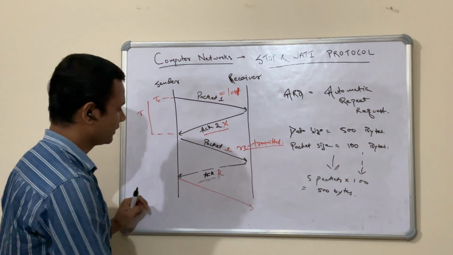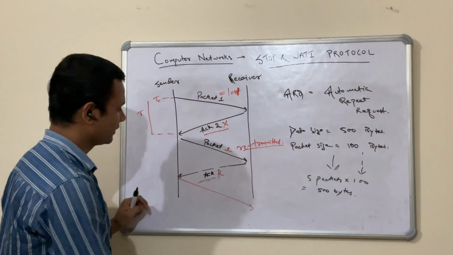So the sender waits for t time. After t time, it sees that I have already sent packet 1 and I didn't receive ACK 2, so I will again do the retransmission. Packet 1 is retransmitted again.